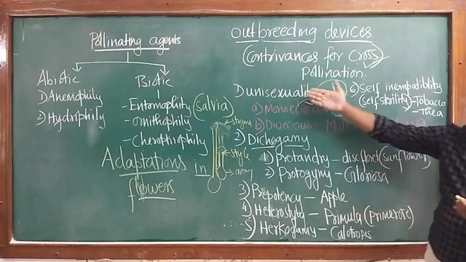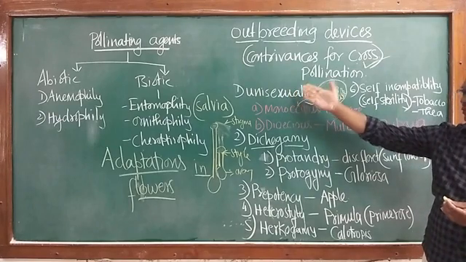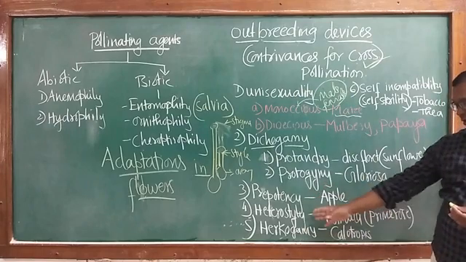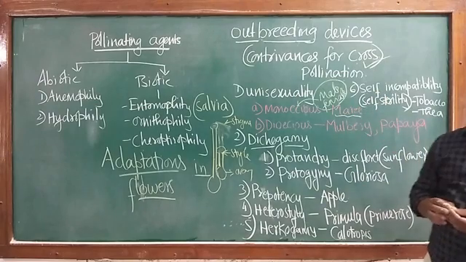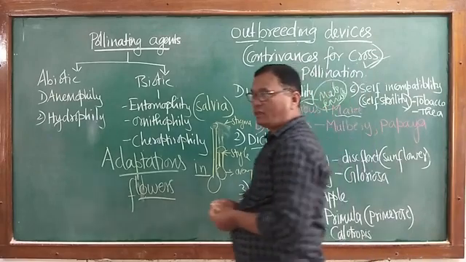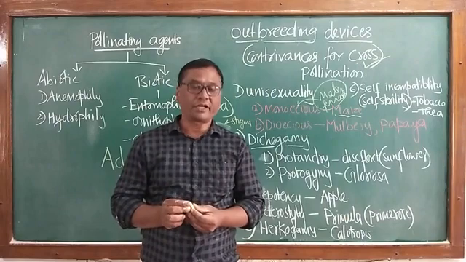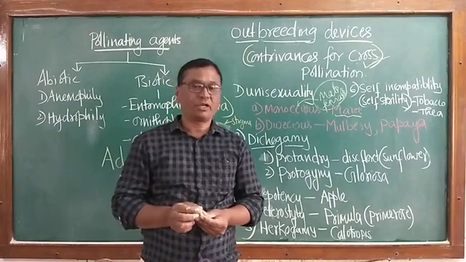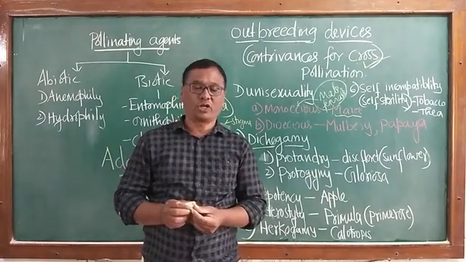So with these 6 different types of contrivances, the unisexuality, dichogamy, prepotency, heterostyly, hercogamy and self-incompatibility, we come to understand that the plants develop some kind of characteristics, maybe morphological, chemical, or the other unisexual types.